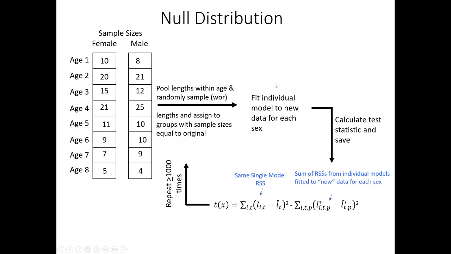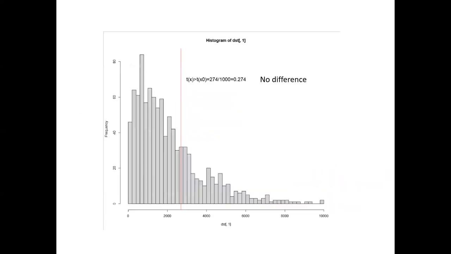You would fit the new models to those new data for each sex, and you would calculate that same statistic as I showed you, but using the sum of squares from those new models fit to the new data. Do that, it should be greater than 1,000 times. And then you get a distribution like this example here.